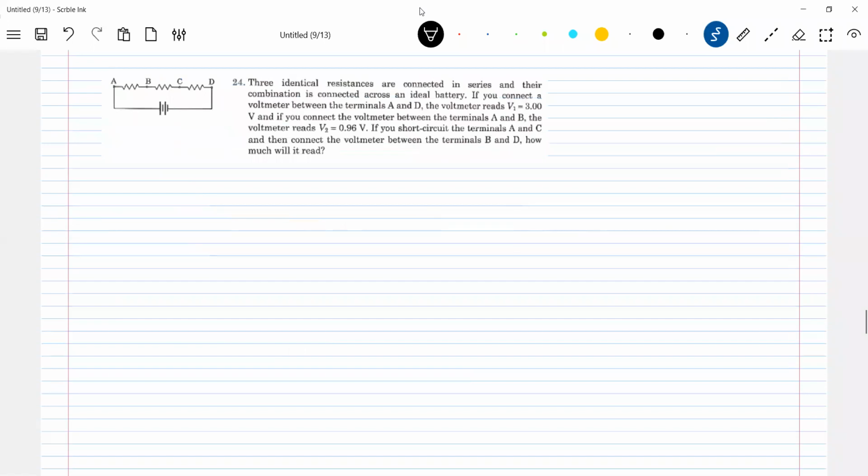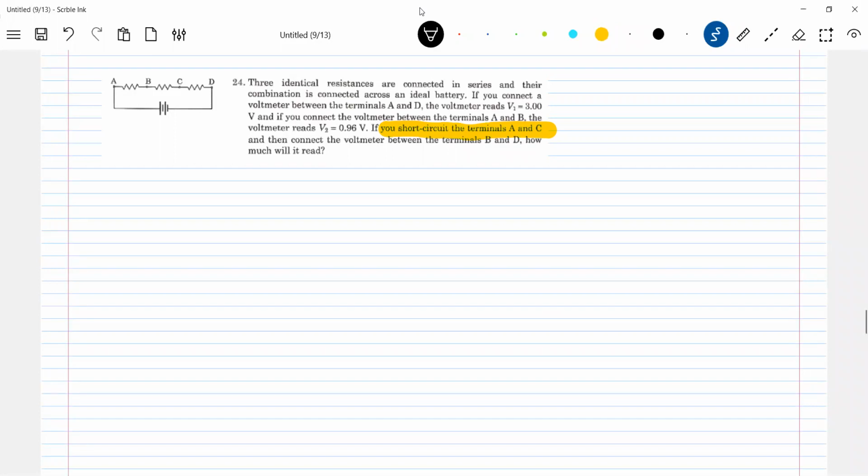I read the next question. Three identical resistors. It's telling identical. Short circuit. So some good condition he has brought in. If you short circuit the terminals A and C and then connect the voltmeter between terminals B and D, how much will it read?